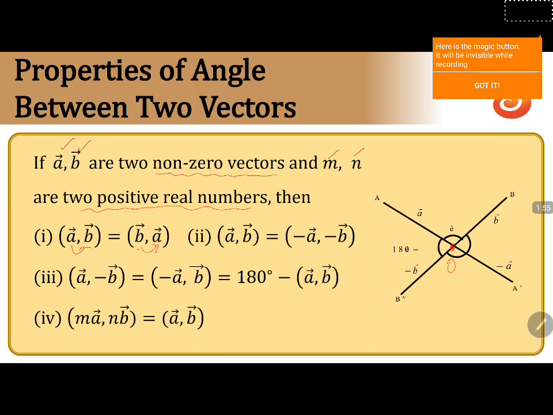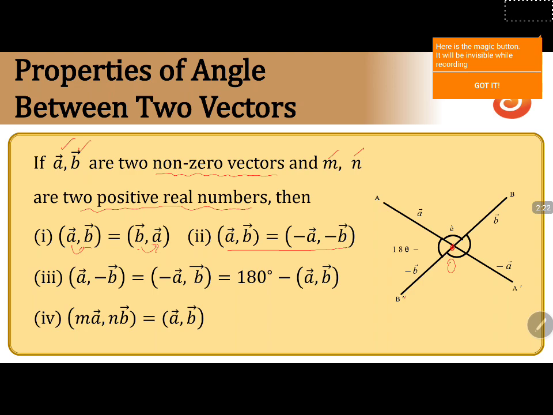And if you take the angle between minus A and minus B, we can say that it is in the clockwise direction. So whether it is clockwise or anti-clockwise, the relation is that the angle between A vector comma B vector is equal to the angle between minus A vector and minus B vector.